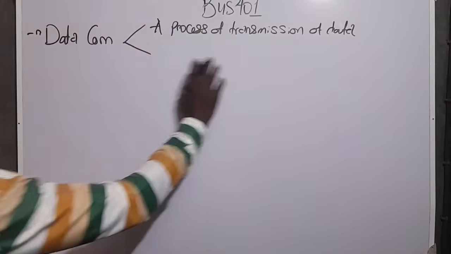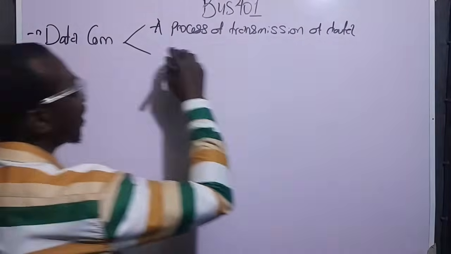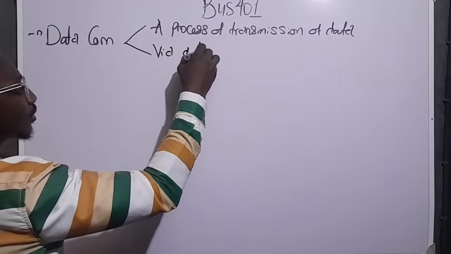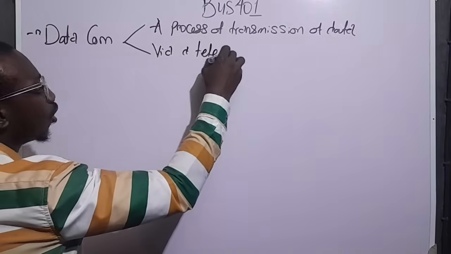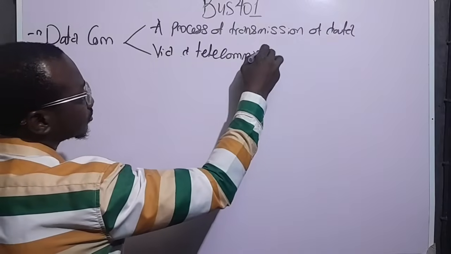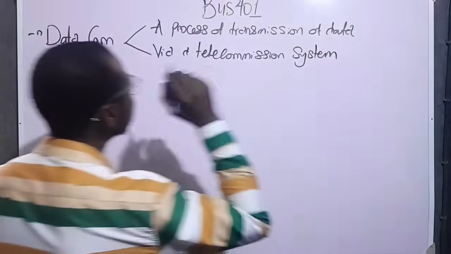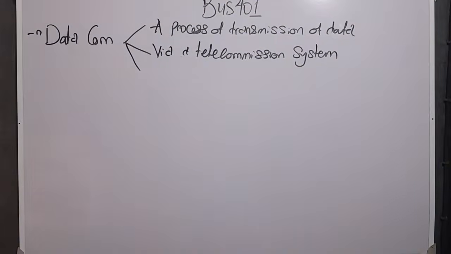A process of transmission of data via a telecommunication system. Now we know what we are transmitting, which is data, and we have a medium, which is the telecommunication system.